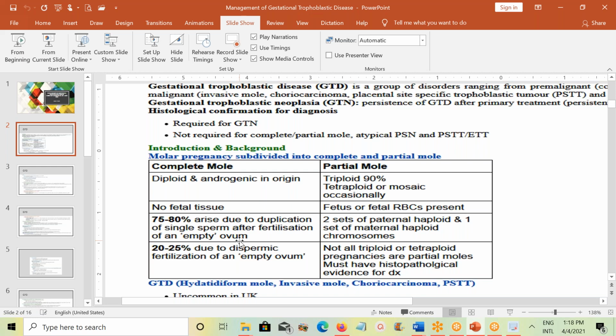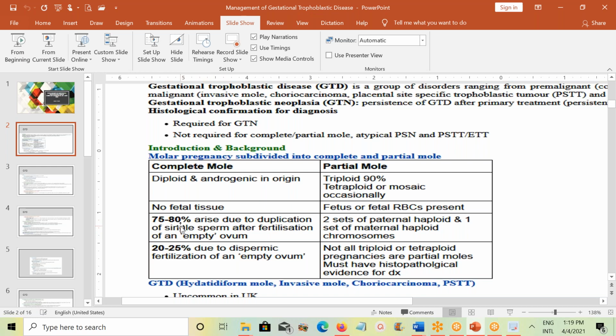But now you got a sperm which divided into two. And I told you that basically only genetic material is transmitted inside the egg. So one sperm divided into two, 23 plus 23, we are getting 46 XX. Because the mother's ovum is empty, no genetic material.